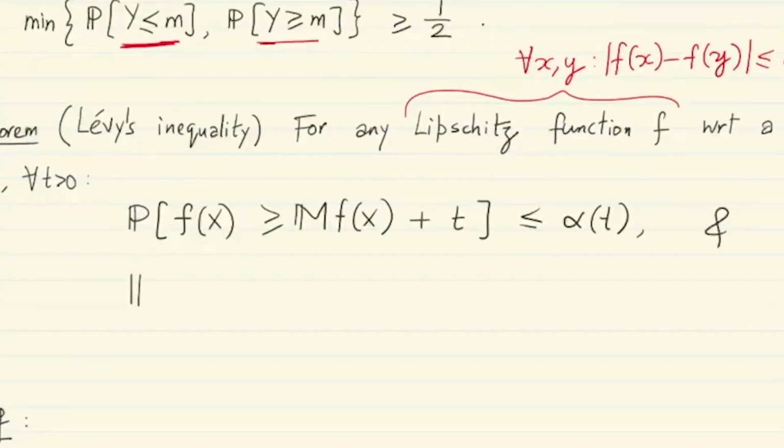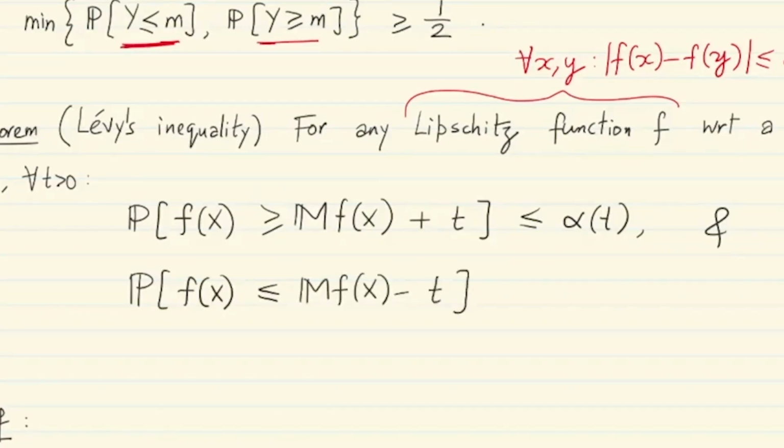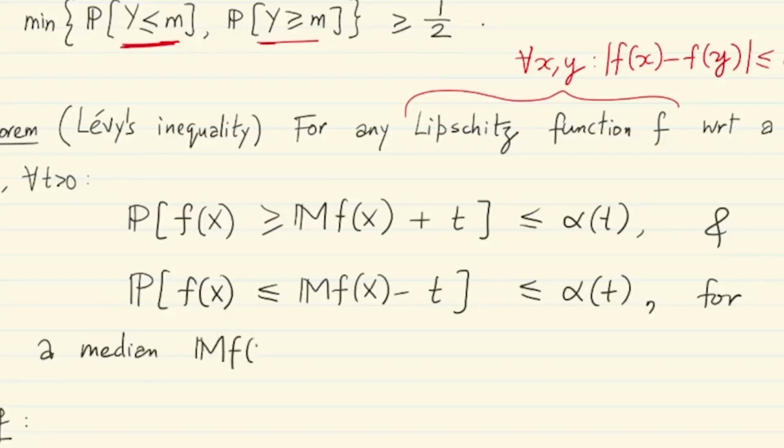And on the other hand as well, the probability that f of x is short by t from its median is also bounded by the concentration function alpha of t, for any median M f of x of this random variable f of x.